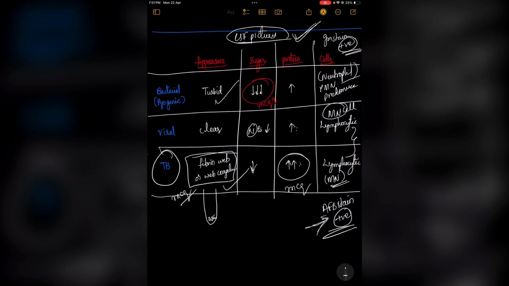They'll definitely give some other clue. But bacterial meningitis, it is very clear. It will be very clearly given in the question that sugar is very low, or it is turbid, or it is gram positive, or neutrophil predominance. It's a bit unique when compared to viral and TB meningitis.